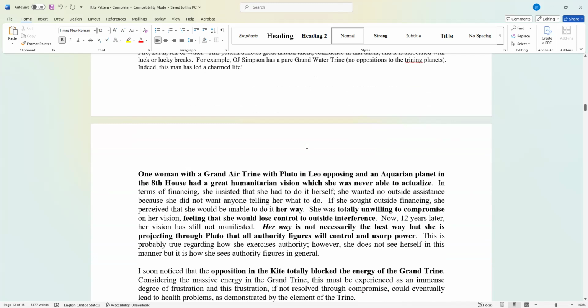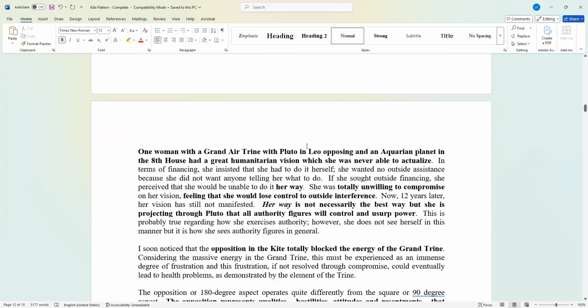Now, this was the woman I mentioned at the beginning who had a grand air trine with Pluto opposing it. And there's a planet in the 8th house. So she had a great humanitarian vision during her life, and now she's at a retirement home, she was never able to actualize this because she was totally unwilling to compromise on her vision, feeling that if she would lose control to outside interference, it was not going to manifest the way she wanted.